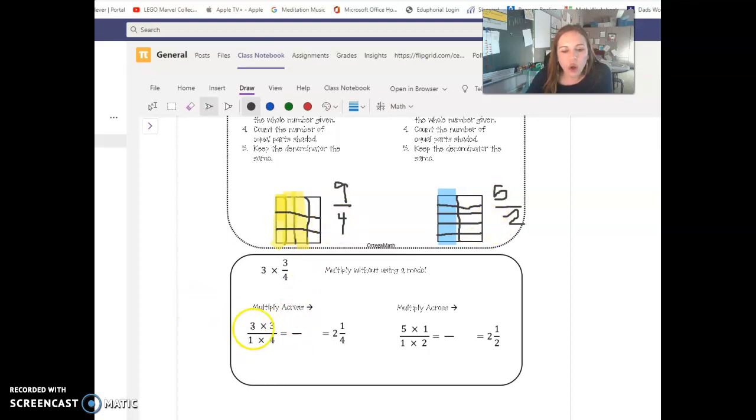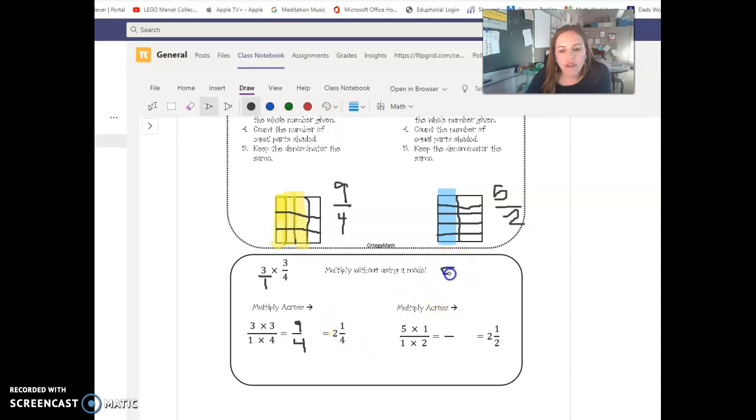The way to turn a whole number into a fraction is by putting it over the number 1. So if I am multiplying 3 times 3/4, I put a 1 underneath and I multiply across. 3 times 3 is 9, and 1 times 4 is 4. And of course, this is an improper fraction, so I need to make sure to turn it into a mixed number. I know that 4 goes into 9 2 times with 1 out of 4 left over.